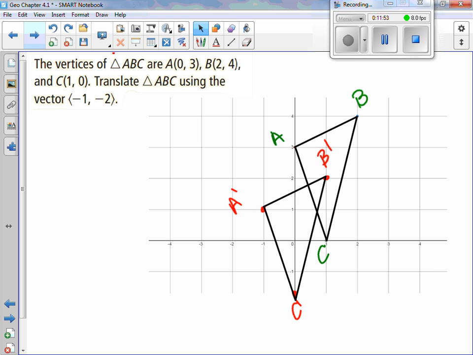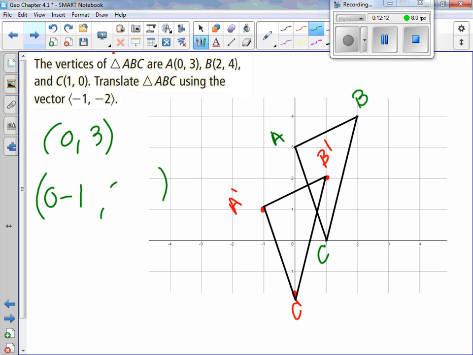Could we have done this algebraically? Because let's think about the point. Let's say the point (0, 3). So when I move it to the left, I'm really what? Subtracting 1 from the x value, yes? So I could say 0 minus 1, and 3 minus 2, yes?